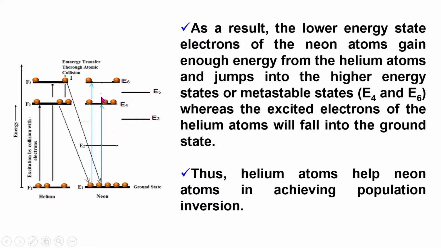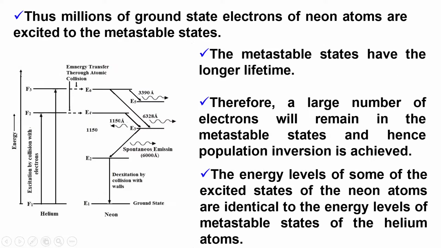So now in this figure we can see here this E6 and E4 are considered as a metastable state. Thus, millions of the ground state electrons of the neon atoms go to the metastable state.